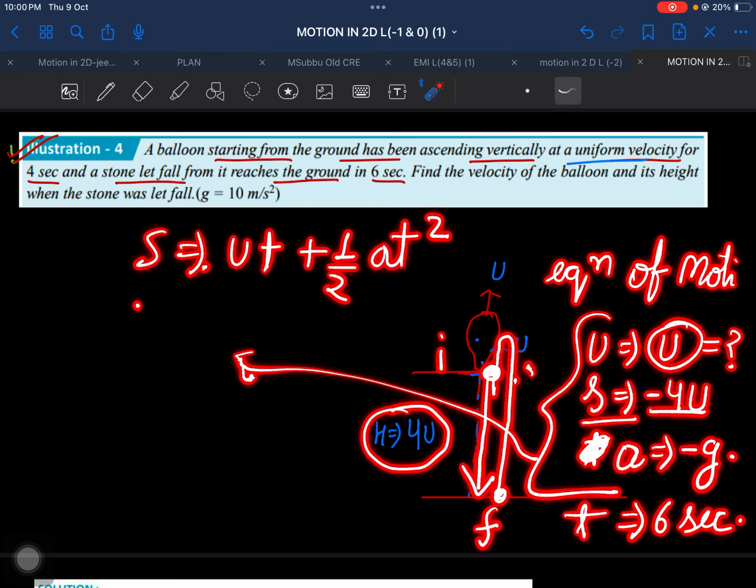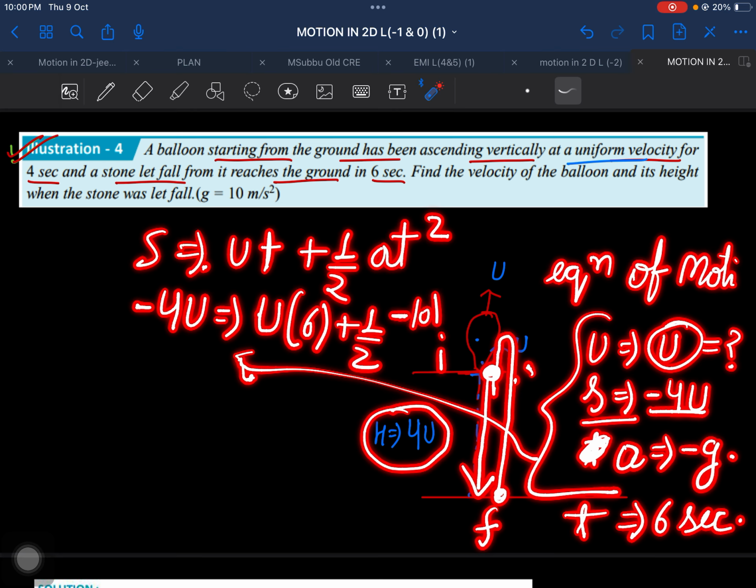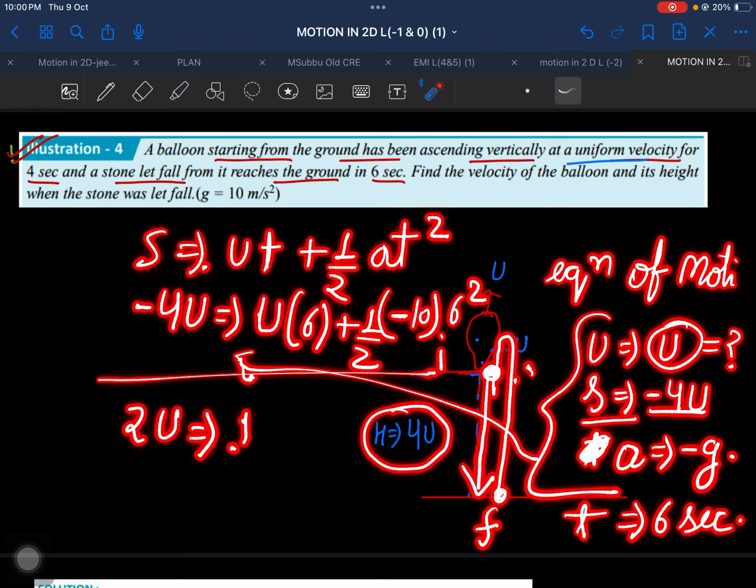So S is equal to minus 4u, the velocity of the stone is plus u, and time is 6, plus half a, which is minus 10, and 6 square. Just check, everyone. Now you will solve this equation and you will get your u. So this is 2u will be equal to what? Half, 10 and 6 square.